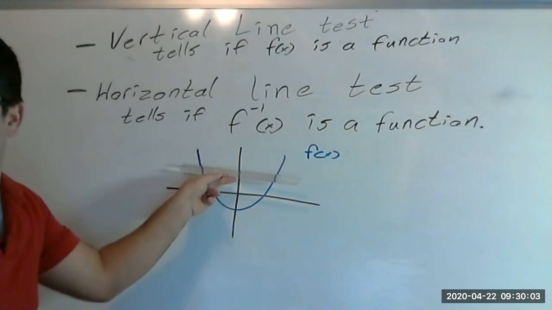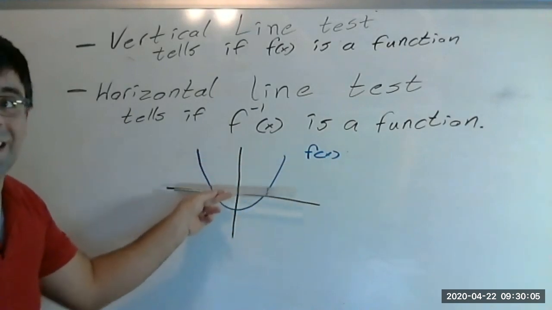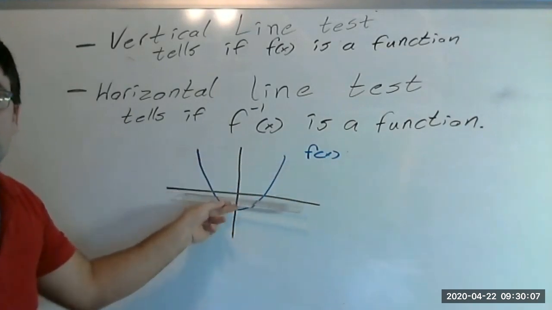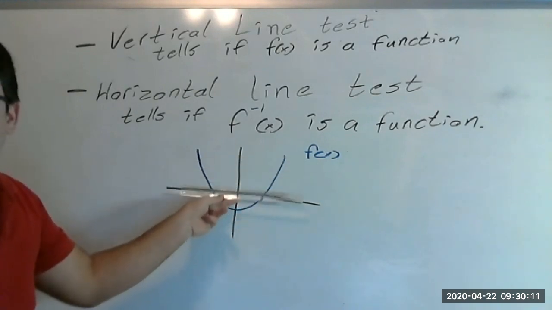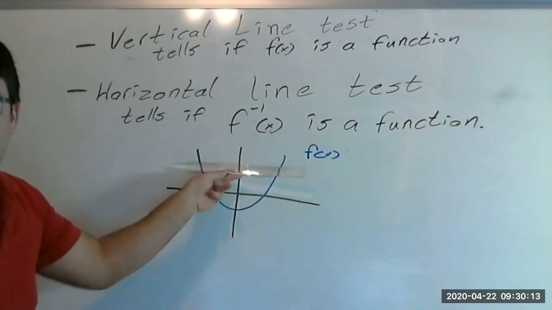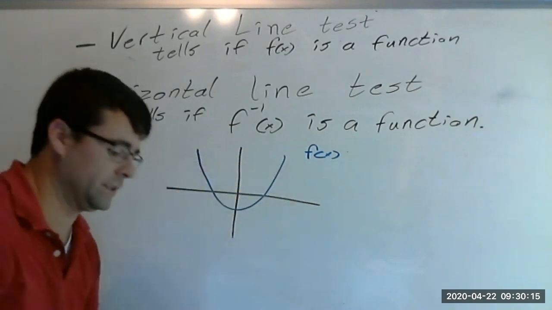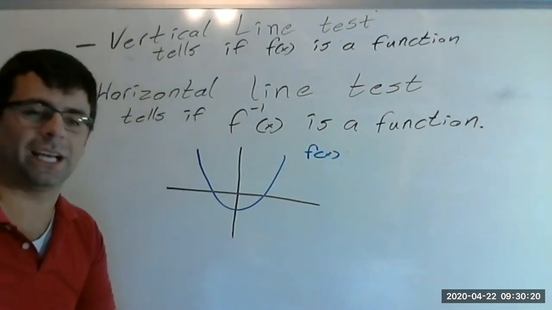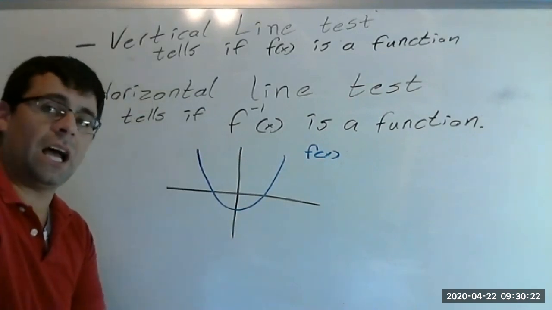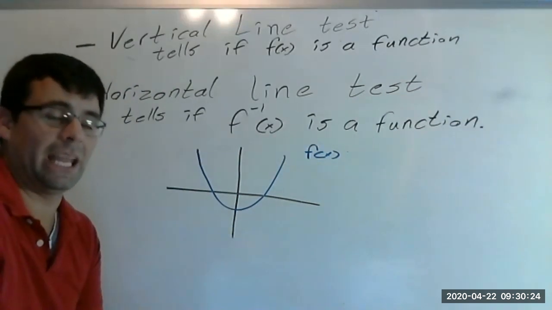We see if it passes the horizontal line test. And it does not, because this ruler intersects the line at 2 or more places. So because it fails the horizontal line test, it does not have an inverse.